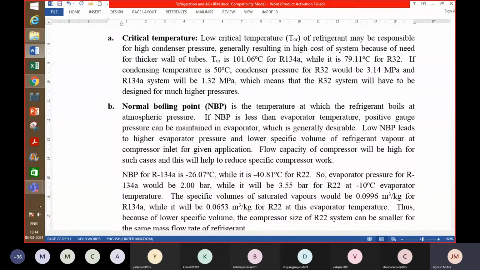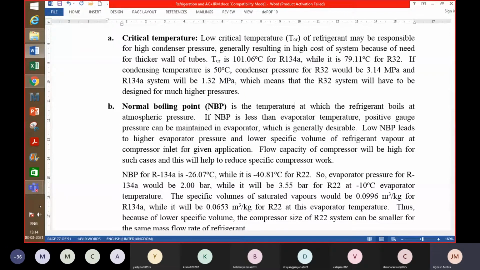So a positive gauge pressure can be maintained, which is generally desirable. This is for most of the common cases, though it's not that the evaporator will never have negative pressure. In certain applications, it might be so.